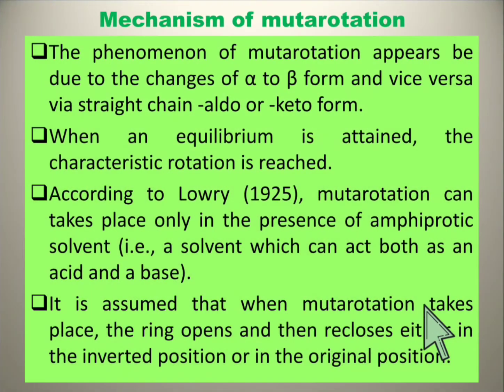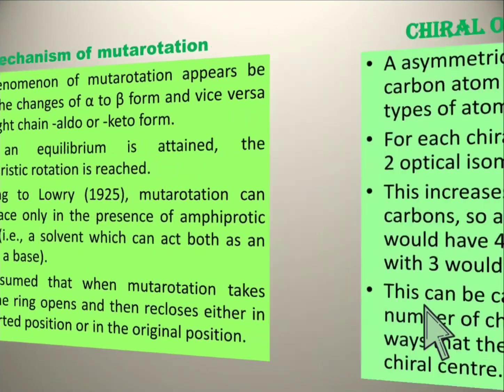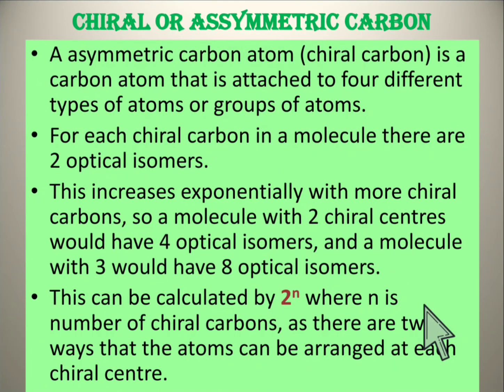Now let us talk a little bit about the chiral carbon or asymmetric carbon atom. As I had mentioned, an asymmetric carbon atom, also known as a chiral carbon, is a carbon that is attached to 4 different groups, 4 different types of atoms or groups of atoms. And for each chiral carbon in a molecule, there are 2 optical isomers. You need to understand this.